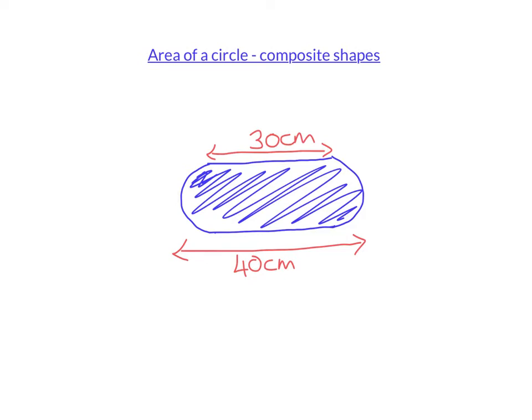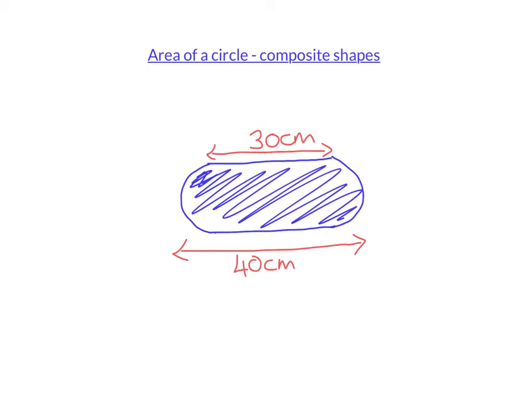Okay, the next shape that we're being asked to find is this shape that looks a little bit like a running track. So I've drawn this freehand, so it's obviously not particularly well drawn without a ruler. These lines are parallel, and we've got rounded ends. Now these ends are actually semicircles.